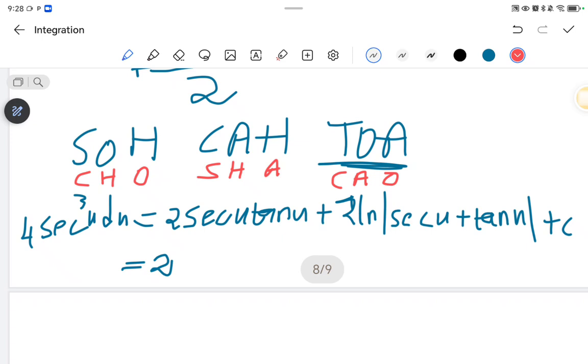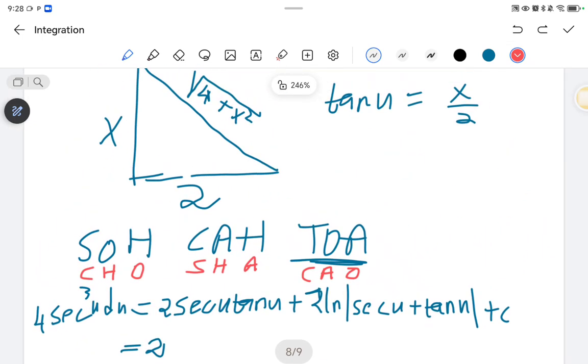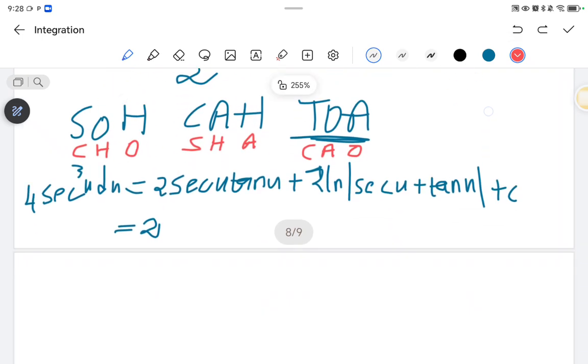So now we're gonna look for sec u. Sec u is here. Hypotenuse over adjacent. It's this over 2, which is root of 4 plus x squared over 2. We look for tan u.